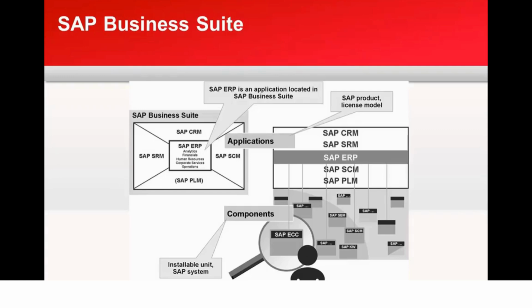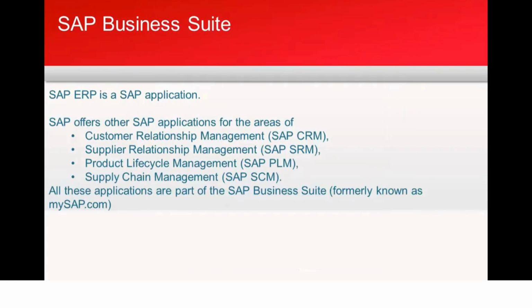Basically, what we just saw is SCM is supply chain management, SRM is supplier relationship management, and CRM is customer relationship management. These are the key SAP products.